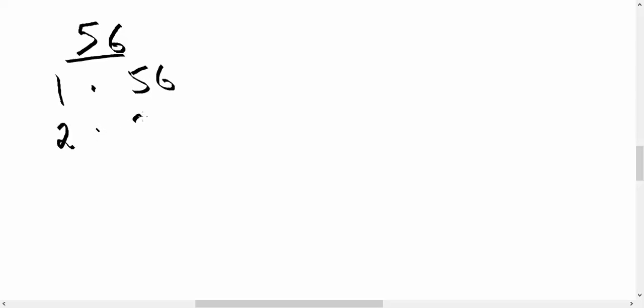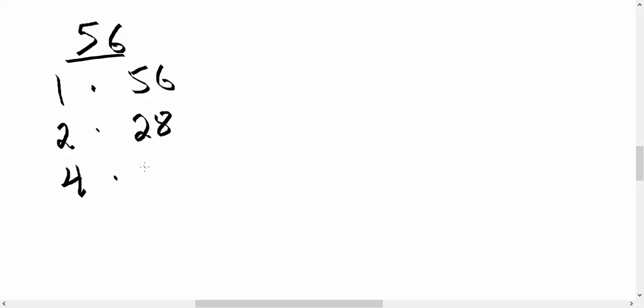All right, we're going to do another factor chart, because it's so fun. Let's do, I don't know, 56. Kind of chose that randomly. So as usual, we're going to start with 1, and 1 times 56 gives us 56. Then we'll increase to 2. So 2 times what gives us 56? Well, it's actually 28. 3 is not a factor of 56. It doesn't divide it evenly. But 4 does.